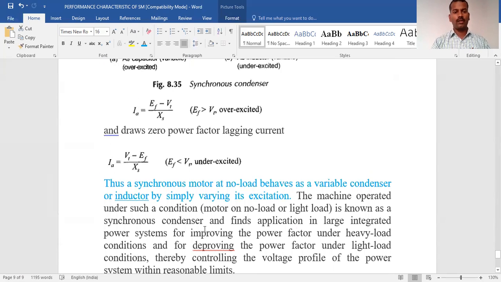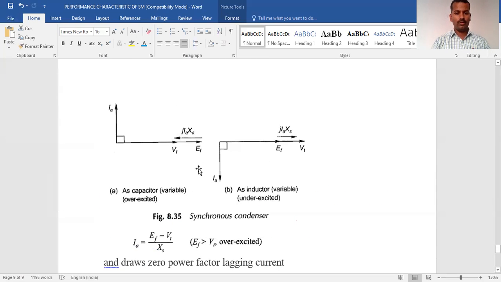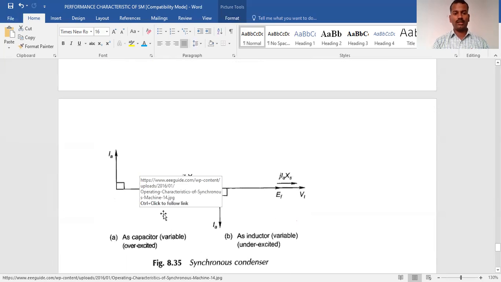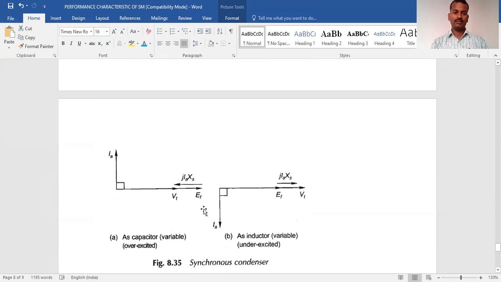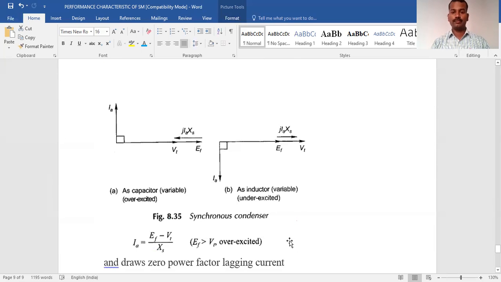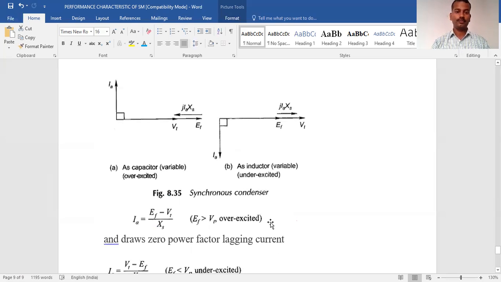Now, if the synchronous machine acts as a condenser, a capacitor, its graph will be like this. Armature current will lead the terminal voltage, and armature current will lag if it acts as an inductor, right?